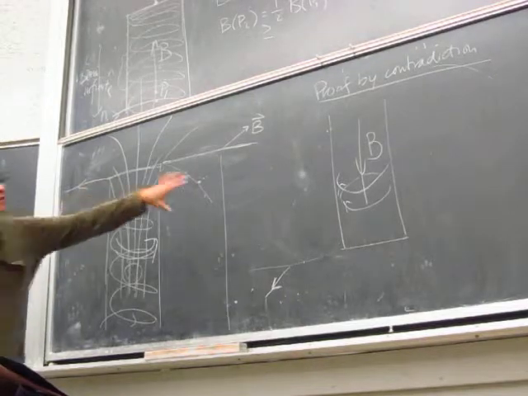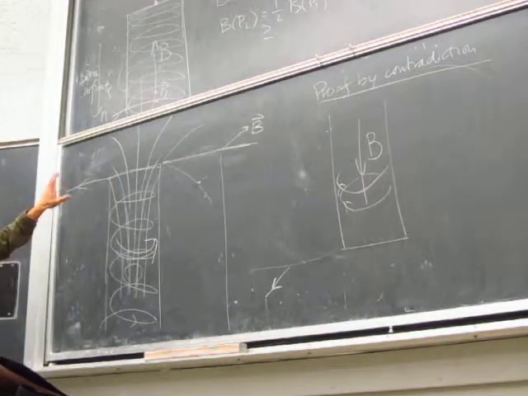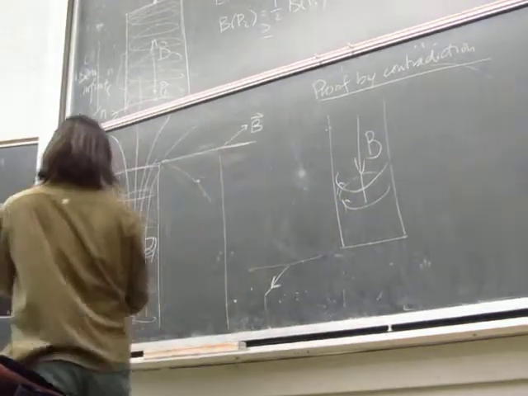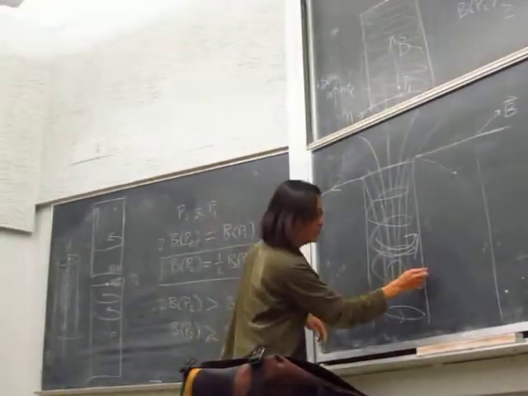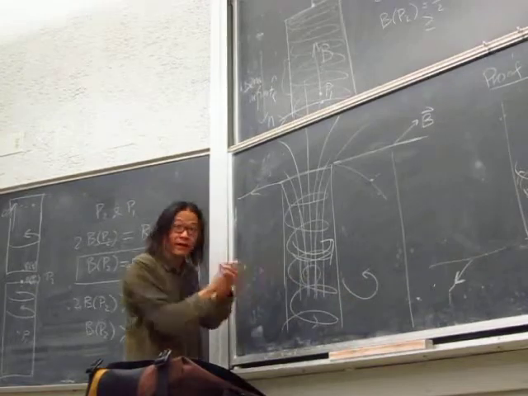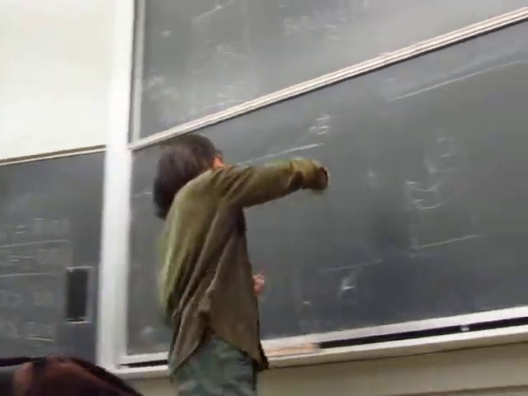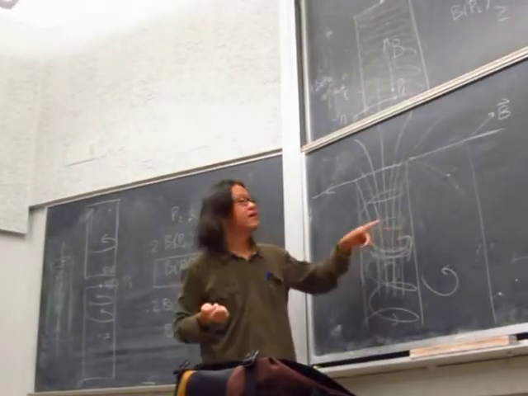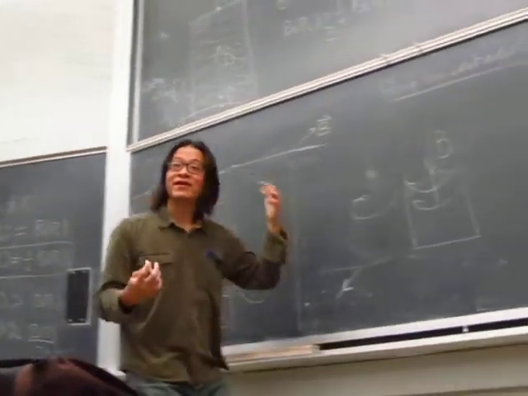I'm trying to couple these two things, but I can't because the sense of the magnetic field is wrong. This has a winding that looks like that, and this has a winding that looks like this, the opposite sense. So you need to flip the current.